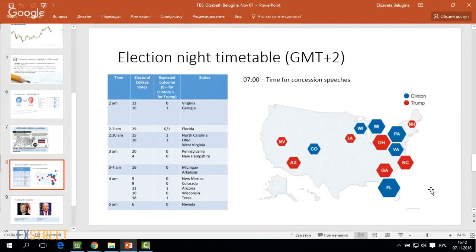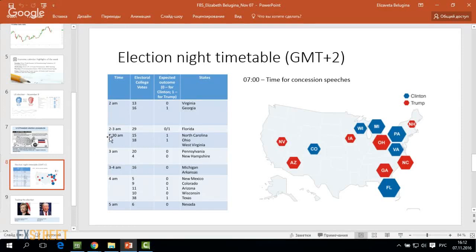Clinton starts with some advantage in the electoral college, so she can afford to lose such states as Florida and Ohio. However, in this case, she will definitely have to make sure that she wins such states as Pennsylvania and North Carolina in order to have enough electors' votes.